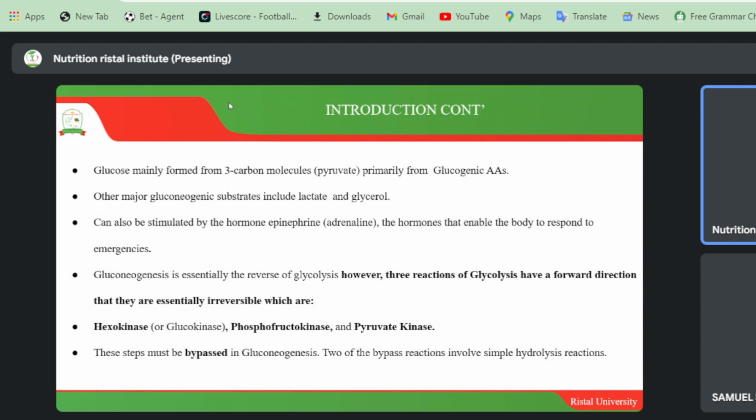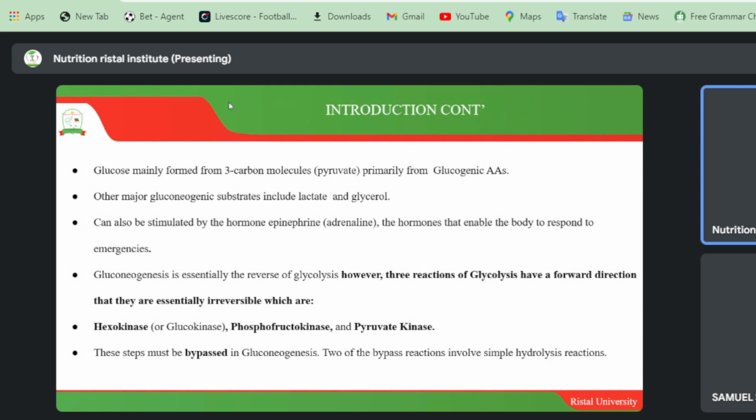This pyruvate is also formed from glucogenic amino acids (AAs). These amino acids can undergo deamination, and then they end up being channeled into the glycolytic pathway and produce pyruvate. Other major gluconeogenic substrates include lactate and glycerol.